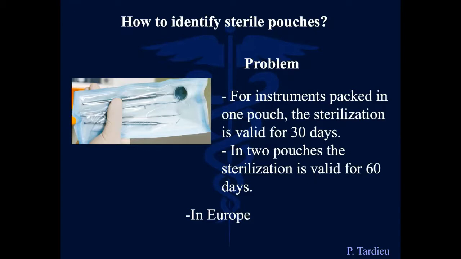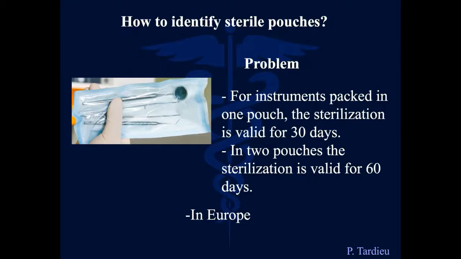The validity of pouches is different based on the storage of the pouches. If the pouches are stored outside of the operating room in a closed closet where all the instruments are separate one from the other, the validity may be increased to 1 year. But if your instruments are all together stored in the same drawer, in the same operating room where you work, then the validity will decrease.